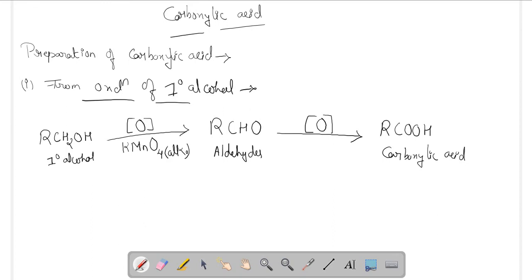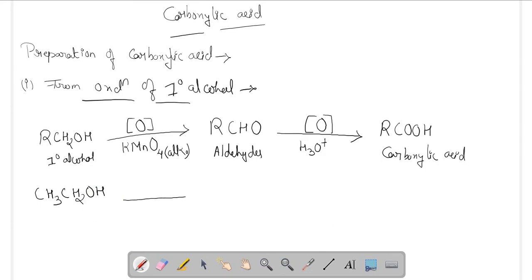Here we can take an example. The further oxidation is carried out with hydronium ion addition also, that is acidification. I am taking one example, CH3CH2OH, that is ethanol.